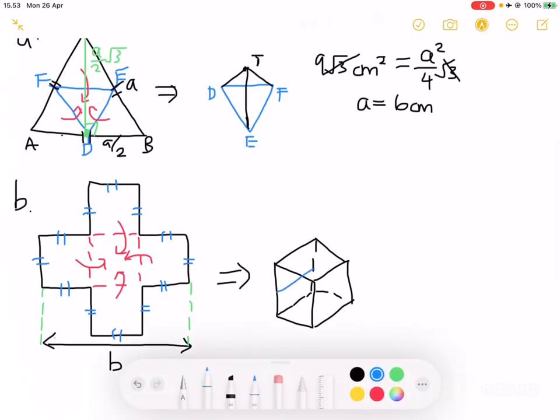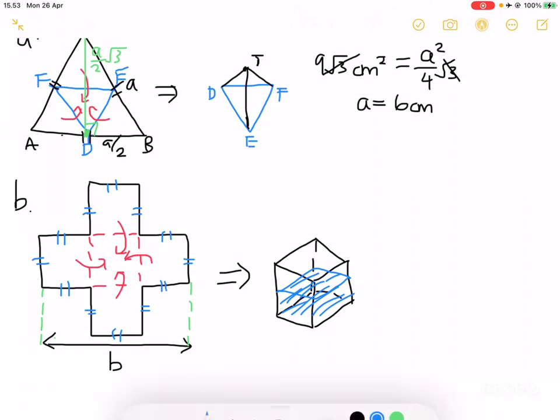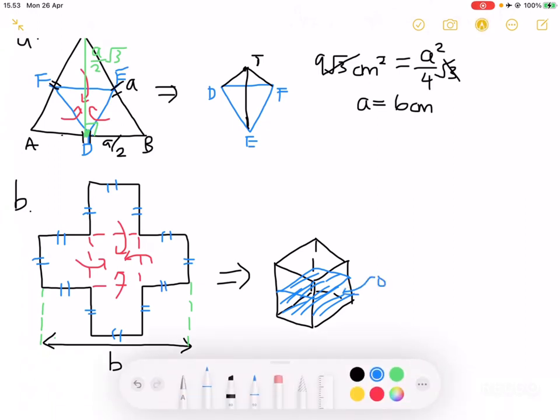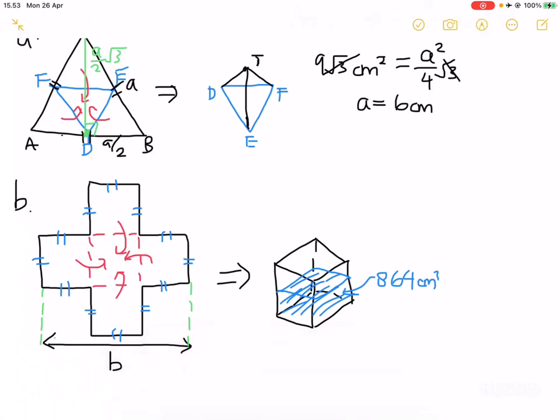So half of the cube is around here. I should approximate that. There we go. And I'll just write this as 864 centimeters cubed of water. And with this, we need to find the value of b.